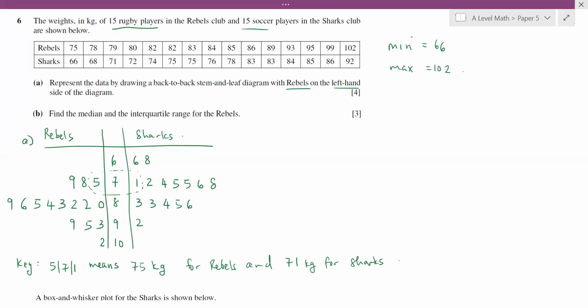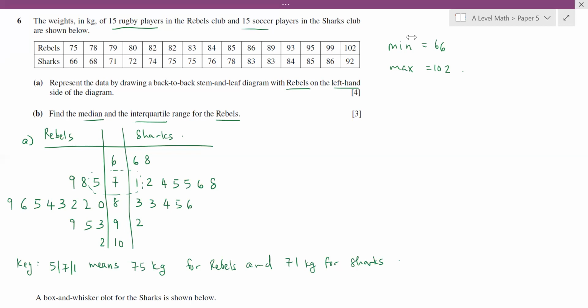For part B, for the Rebels, we need to find the median and the interquartile range. It's easier to get the median and the interquartile range from the data set given since it has already been arranged in order. There are 15 players, so there are 15 data values.